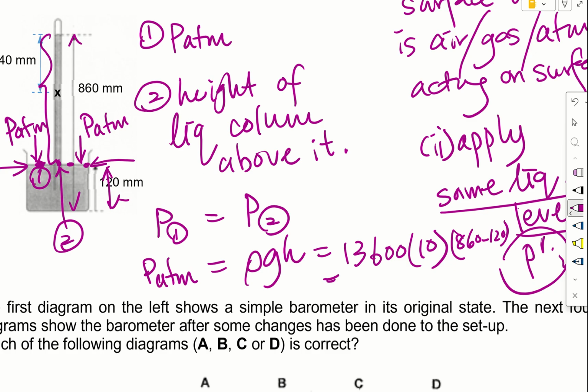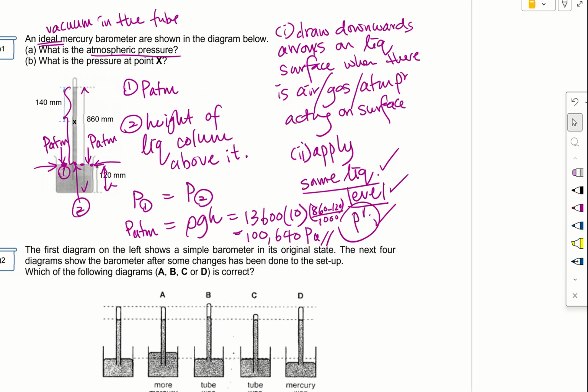Oh, but because this 860 minus 120 is in mm, I need to convert it to SI unit by dividing by 1000. So 860 minus 120 divided by 1000 gives 0.74 meters, multiplied by 10, and then multiplied by 13600, the density of the mercury. So I'll get 100,640 Pascal.